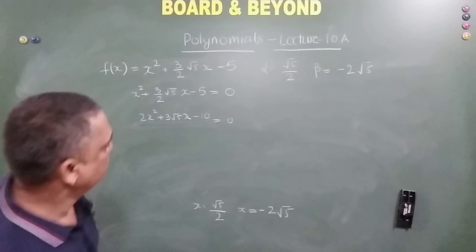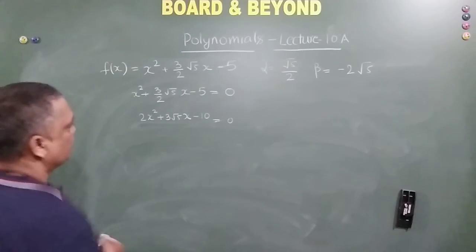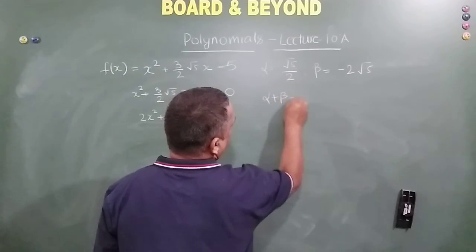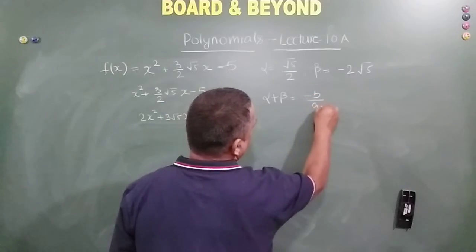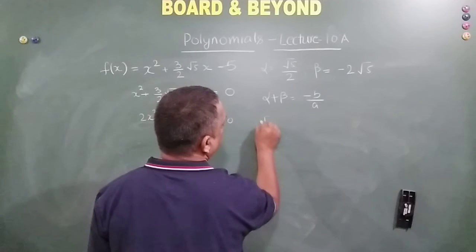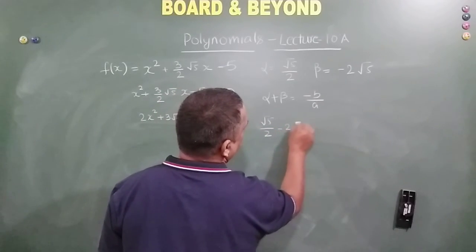So we all know that alpha plus beta is equal to minus b by a. So let's do alpha plus beta here: root 5 by 2 minus 2 root 5.